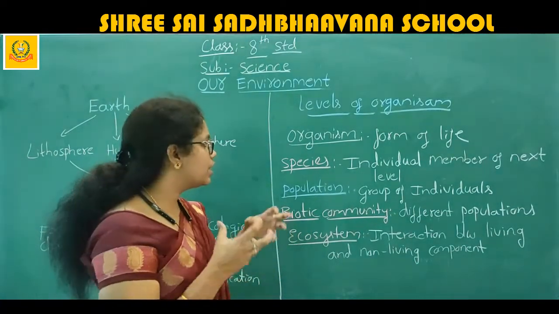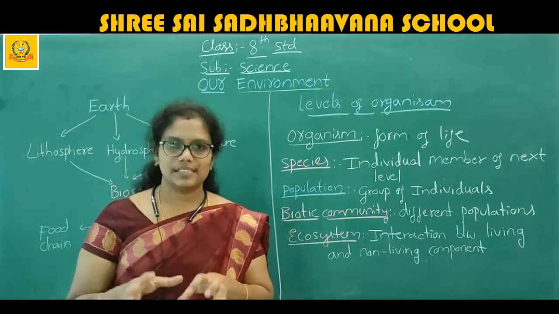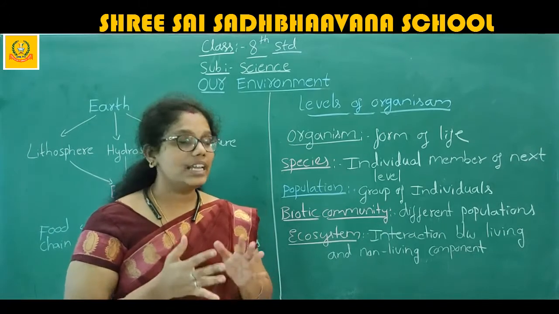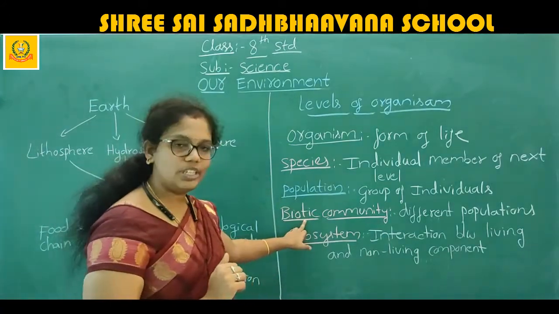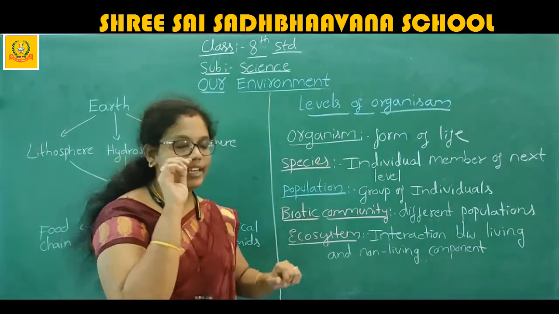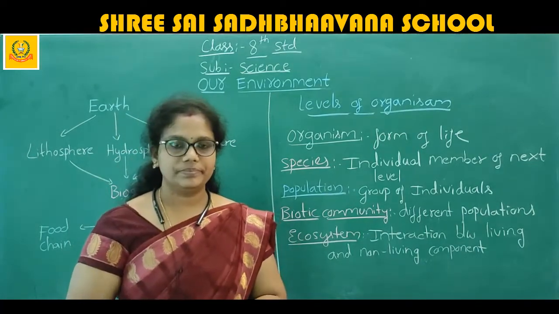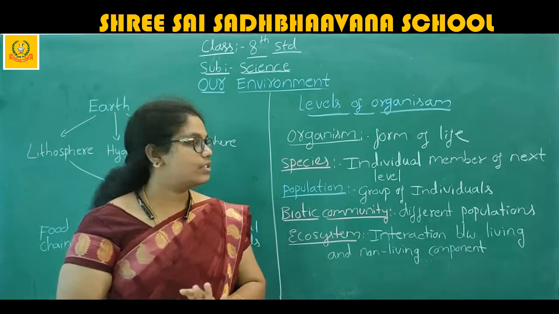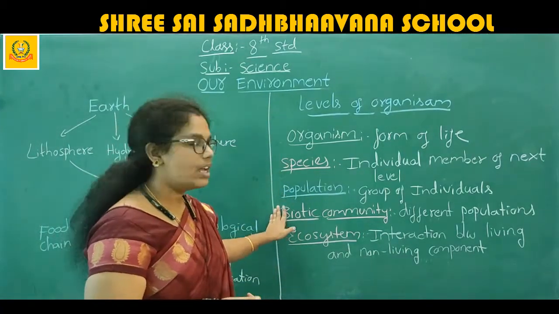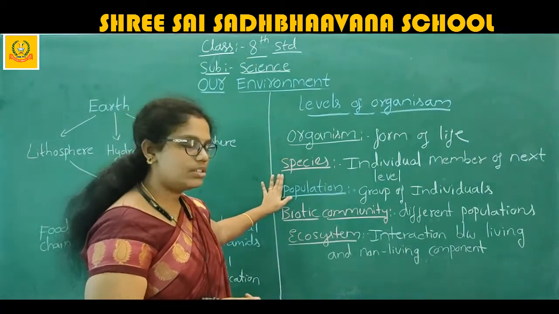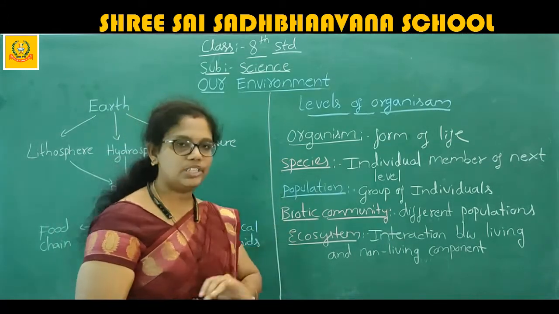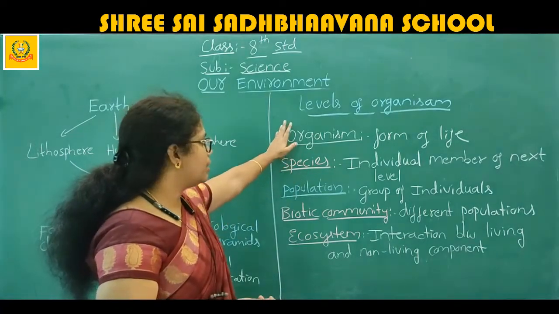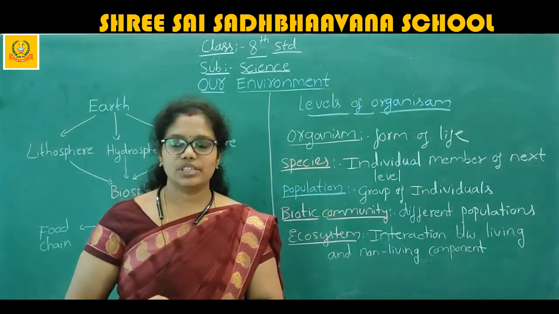All the different populations of the respective species that we consider in one group, we call that group a biotic community. All the different groups of populations present in one particular community, that community we call a biotic community. Understood the four concepts: organism, species, population, biotic community. These are the four important levels of organisms you want to study.